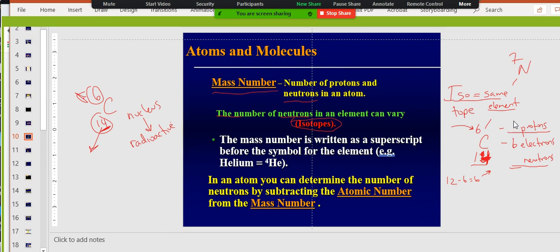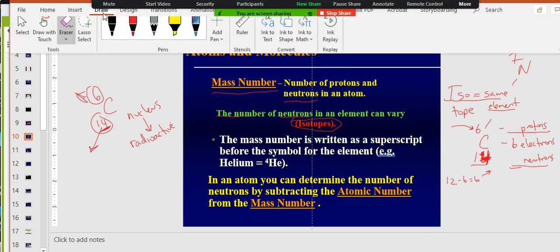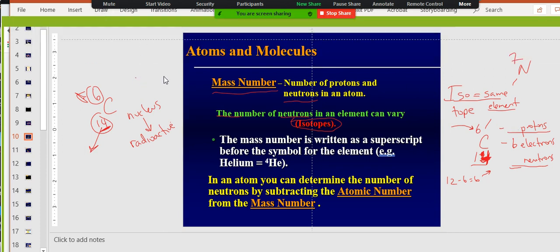Yeah. Dang it. 7. We have 7 protons, and then remember we had 14 neutrons, but one of them became a proton. So how many neutrons would we have?